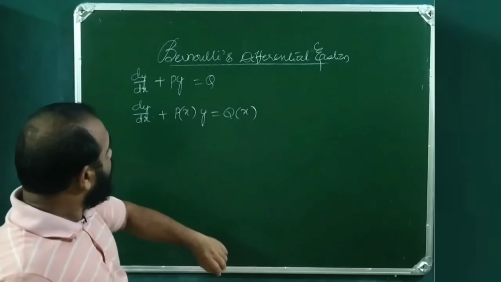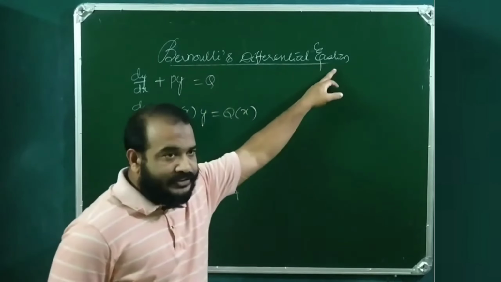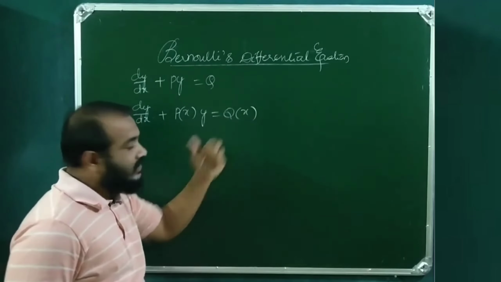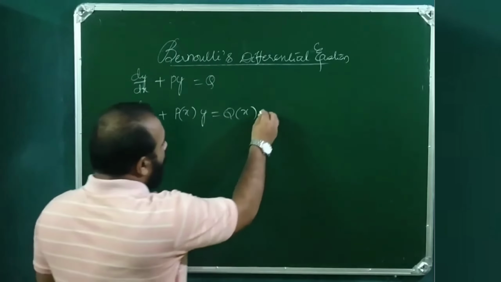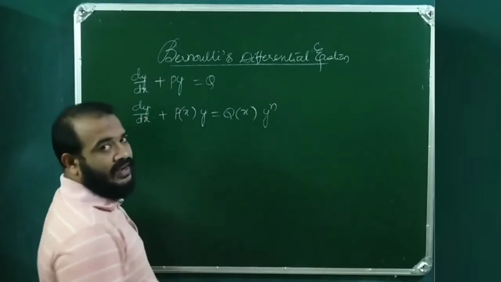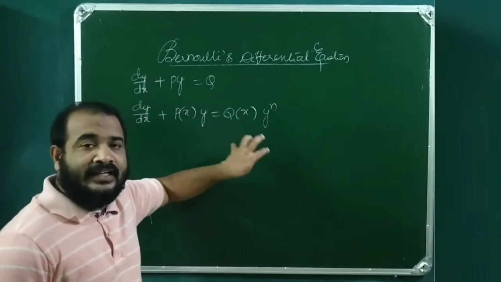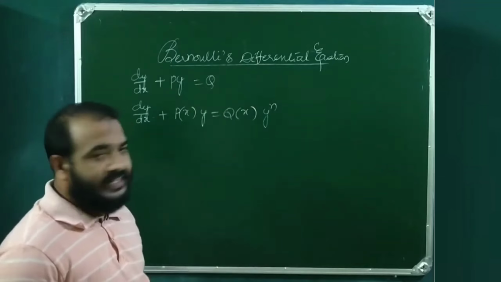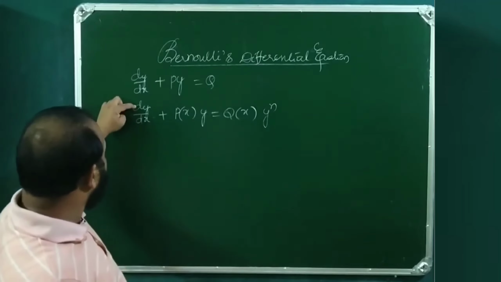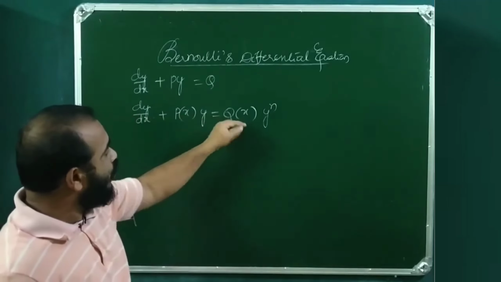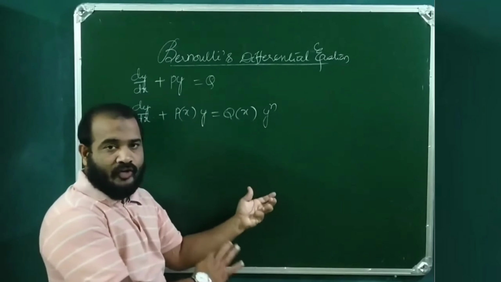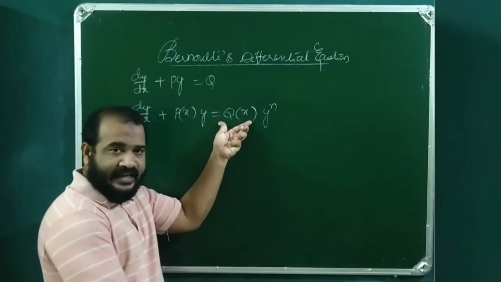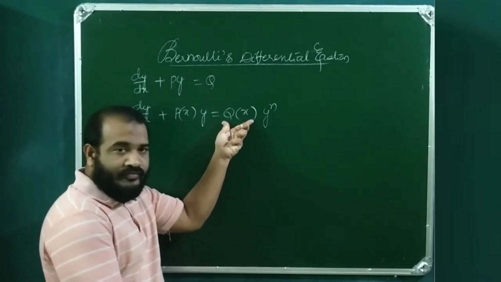This is what we have discussed as a linear differential equation. But now the Bernoulli differential equation is one where, along with the function of x, there is a function of y as well. So dy by dx plus p of x y is equals to q of x is what we have discussed so far as a linear differential equation, and on the right hand side there is only the function of x.